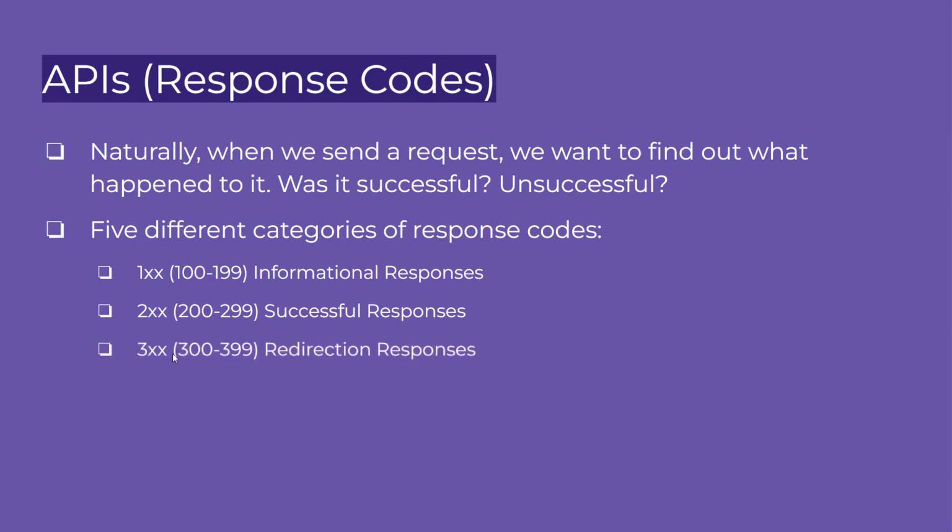Then we have 3XX, so 300 to 399. These are redirection responses. What that means is that some further action on our end is needed. Often these are used when we want to tell the client to go to a different URL. And then we also have 4XX. This is for client error responses.